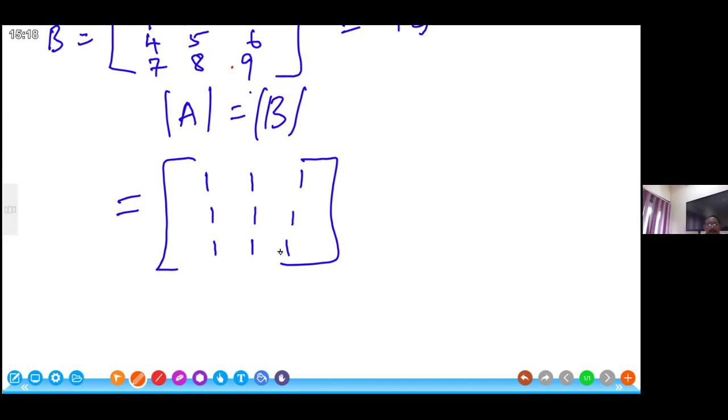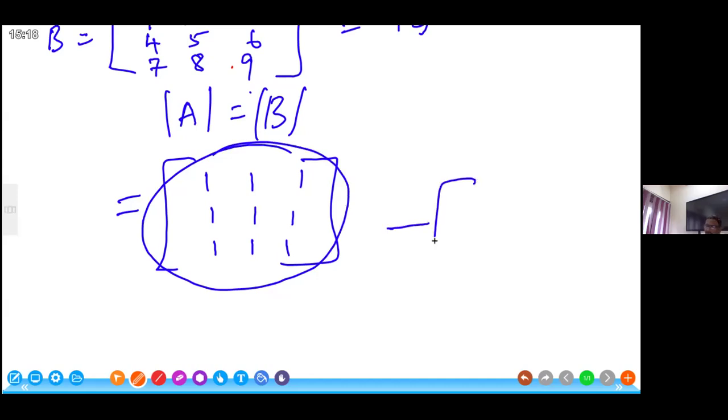For example, later we will come to that. Sometimes you have only one unique element. Sometimes you may have a matrix with, let's say, 2 values.